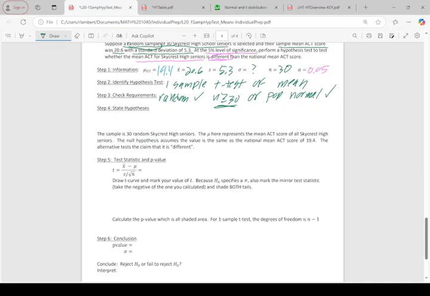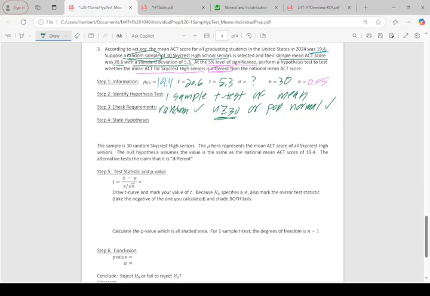here is that the mean that we're testing out is the same as the other mean we were told. So here the mean is about the Skycrest High population, and we have to assume it's the same as the general population.